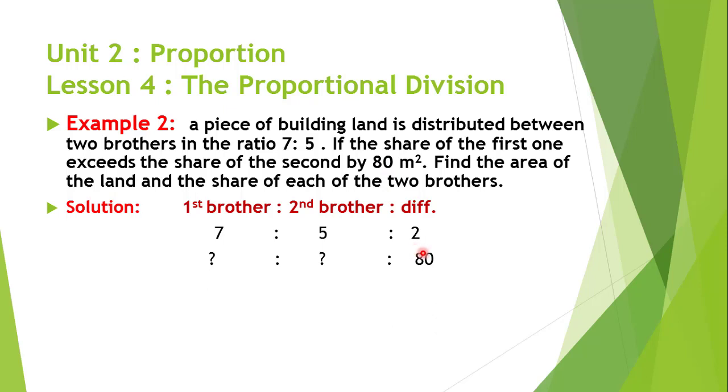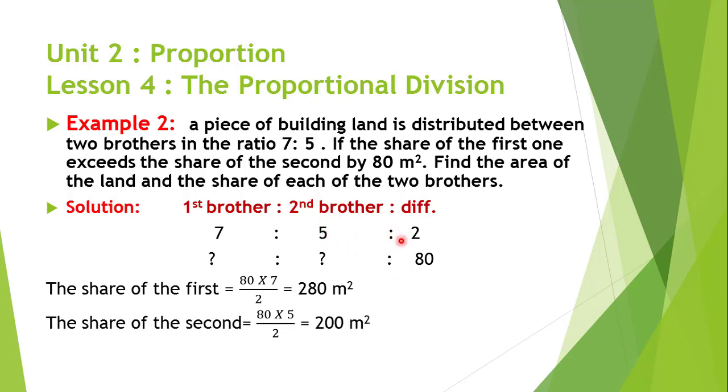Okay, so now I can find the share of each of them. The share of the first one will be 80 times 7 over 2. Yes, it means 280 meters squared. The share of the second brother, 80 times 5 over 2. It means 200 meters squared. Take care, here we have find the area of the land.